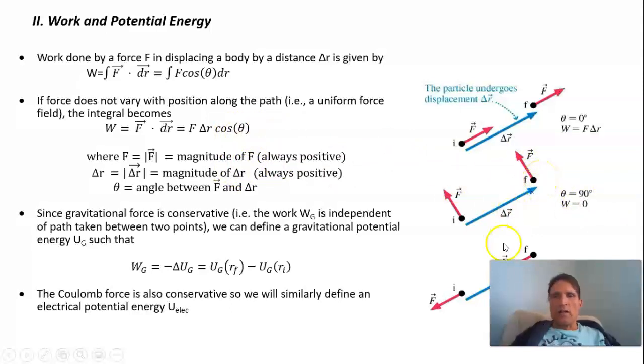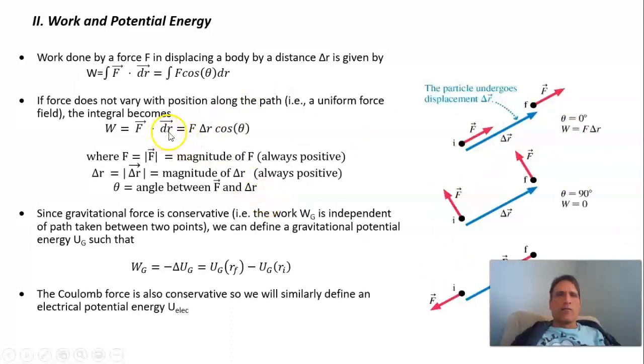Finally, if the force and the displacement are in opposite directions, for example air resistance or friction, then the angle is 180 degrees, cosine of 180 degrees is -1, and the work is negative F times delta r. It can be any other angle, but these are the three limiting angles.